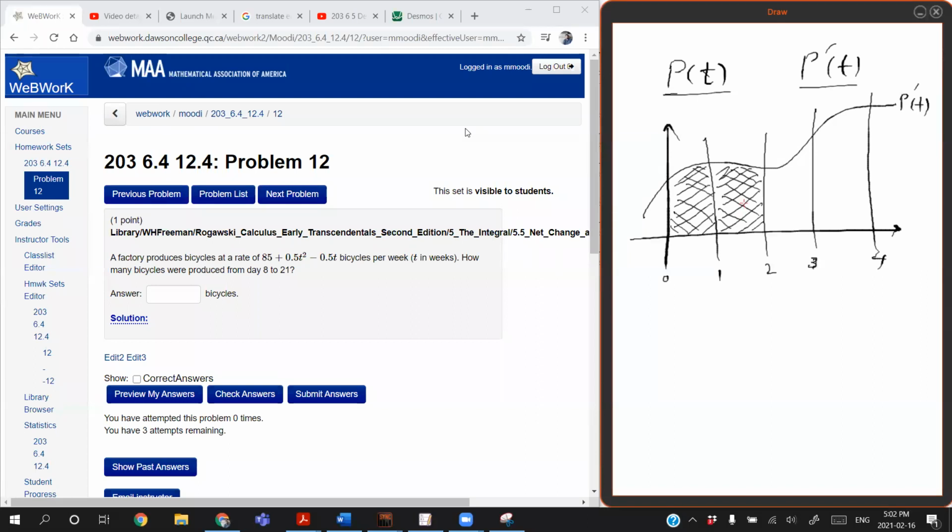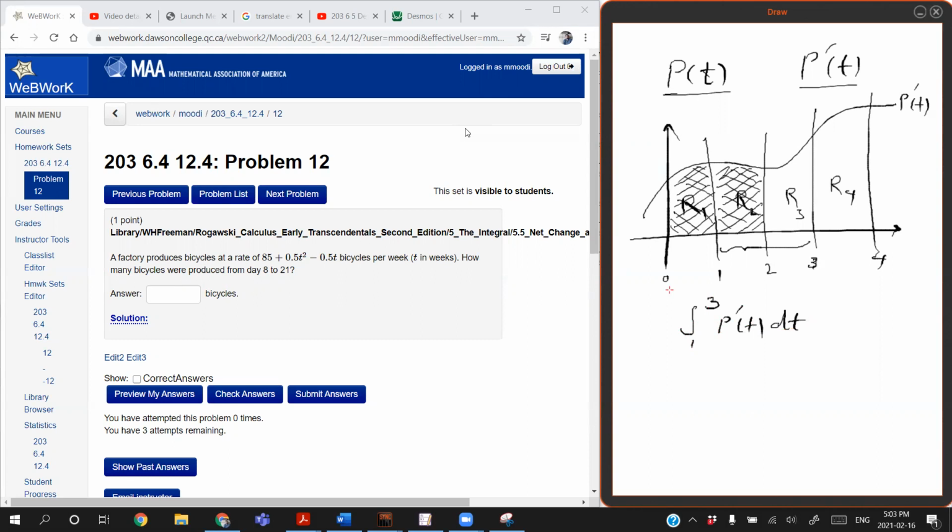That means the second region, this one, so I'm going to call them R1, R2, R3, R4. So if you want to know the amount of production within the second week and the third week, you're looking for this. So in terms of integrals, it's going to be the integral from 1 to 3 of p prime of t dt.